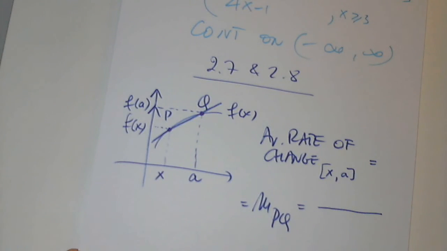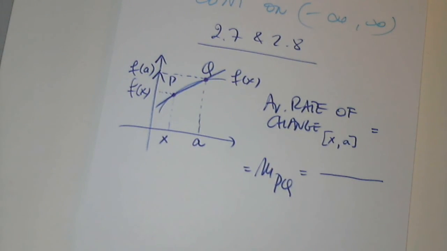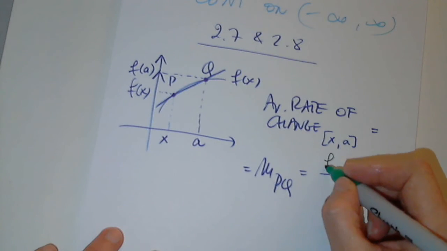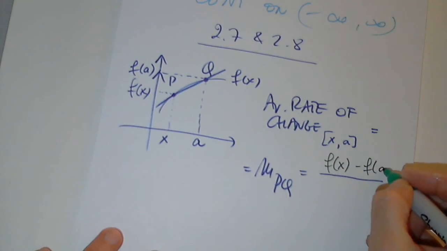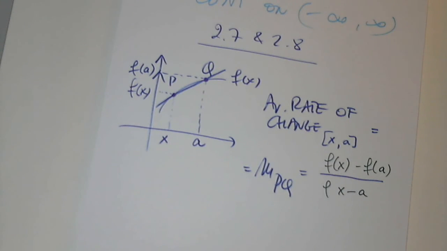Same thing. Can anyone give us the answer? Just a slope of this line, nothing else for now. F of A, F of X, over X, over A minus. Excellent. I'm just going to write it reversed. Minus over x minus a.